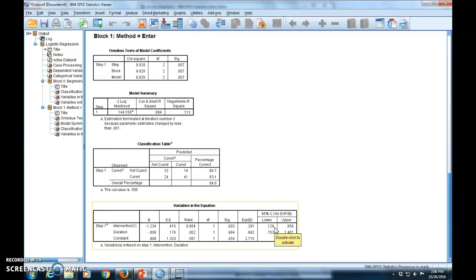So if you were reporting these values, you would say duration was found not to significantly affect the rate of cure, but intervention did have an increase in odds of being cured somewhere between 0.192 and 0.656. So that is logistic regression.